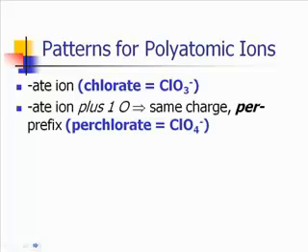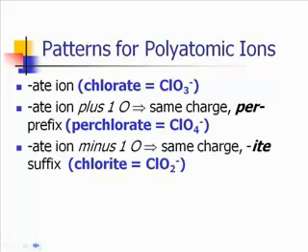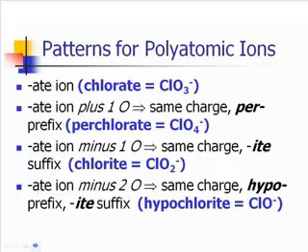And then if you have that same one, but just one oxygen more, that would be perATE, so this would be perchlorate. If you take away an oxygen, it's chlorite, ITE ending on that. And then if you take away 2 oxygens, it becomes hypochlorite. And so you'll see this pattern in several of these oxyanions.